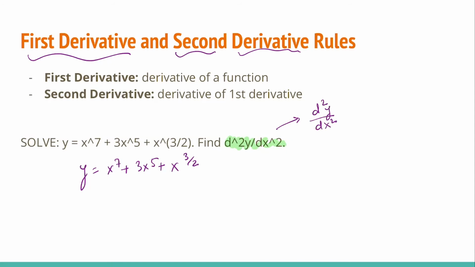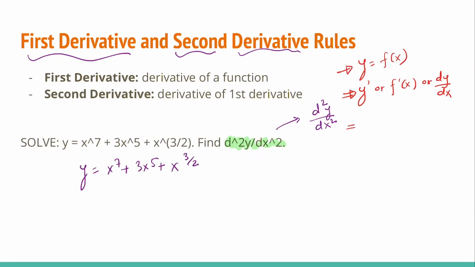And just for a recall, anytime we see something like, if y equals f of x is given as our function, then y prime, or f prime of x, or dy over dx means the first derivative of the given function y equals f of x.